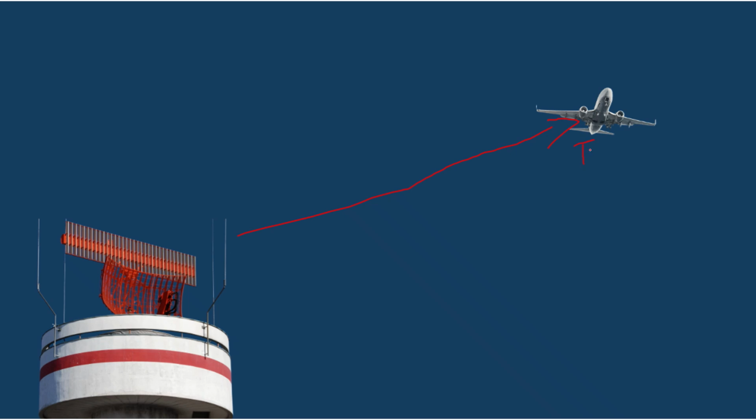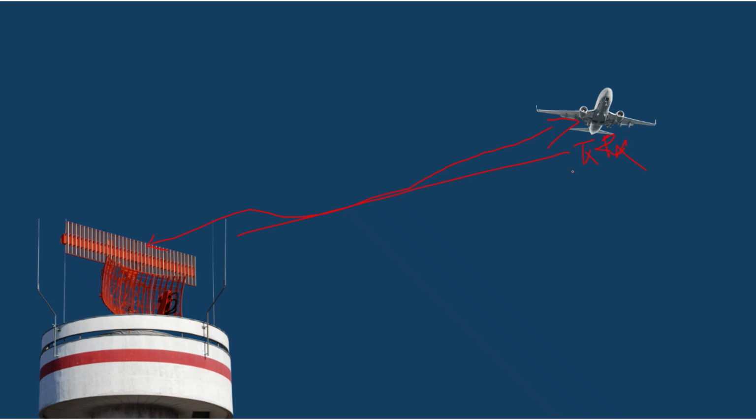That means a transmitter and receiver system. The receiver will be receiving this coded signal from the radar and decoding that signal, and based on that the transponder will send another coded signal back to the radar.